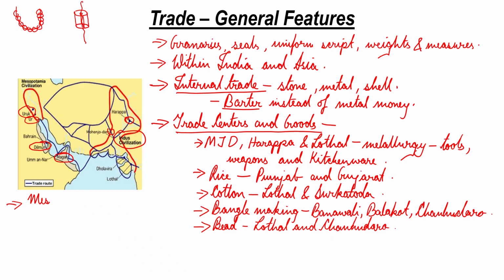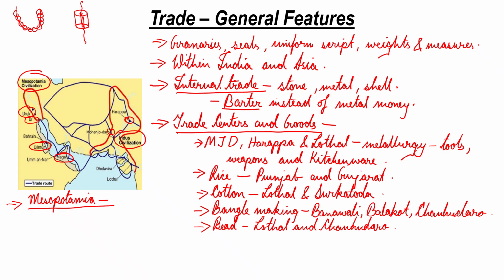I will write here Mesopotamia. So Mesopotamian trade used to happen, means it is another the first civilization, the cradle of civilization is the Mesopotamian civilization, and they had very good connection with the Harappans.